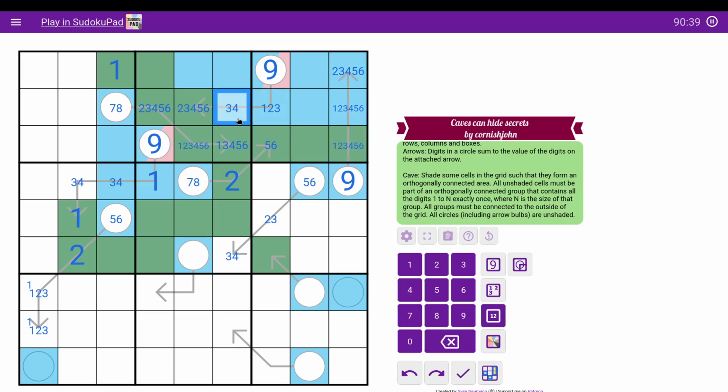And then this must equal this. 5, 6. Okay, there are not two 5, 6s in the box. That much is clear. There's certainly a 1 through 4 on the arrows in both cases. This 5, 6 is up here. That accounts for all the digits 1 through 6, making this a 7, 8.